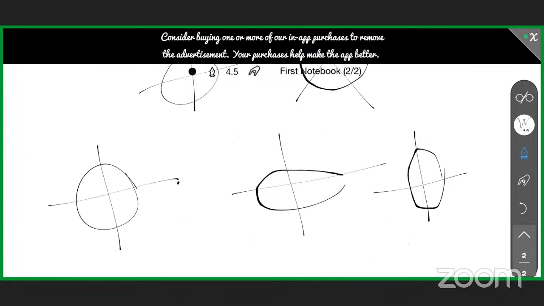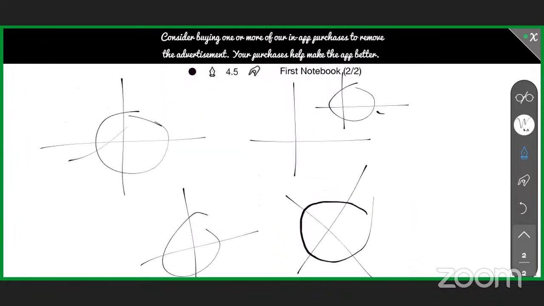See here, circle remains circle. But when we do transformation with certain conditions, maybe keeping the x-axis constant and making the transformation only through the y-axis, or keeping the y-axis constant, my circle gets distorted and becomes like an ellipse.